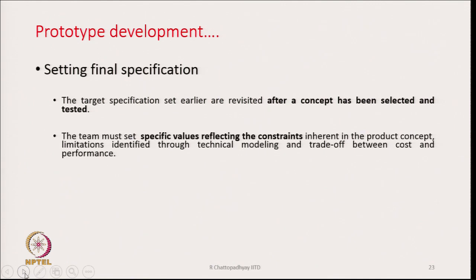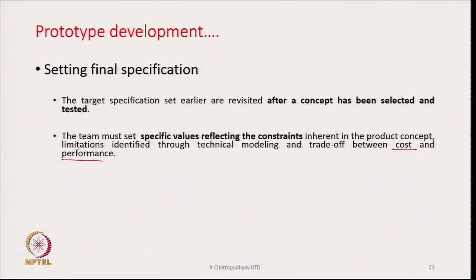The team must set specific values reflecting the constraints inherent in the product concept, also limitations identified through technical modeling and trade-off between cost and performance. This is also important: if there is some constraint inherent in the product concept, the team is going to set specific values.